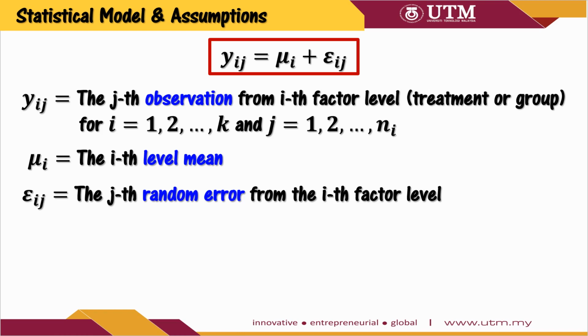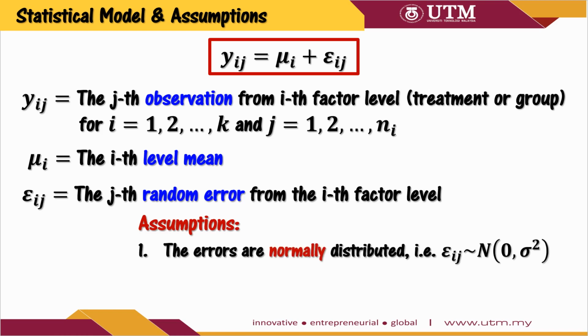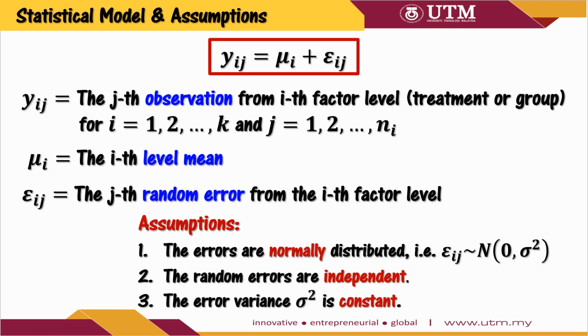The underlying assumptions include: first, the random errors are assumed to follow a normal distribution with mean 0 and variance sigma squared. Second, the random errors are assumed to be independent. And third, the value of error variance denoted by sigma squared is constant and does not vary.